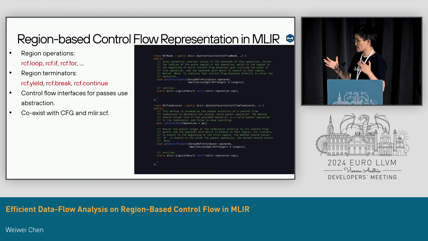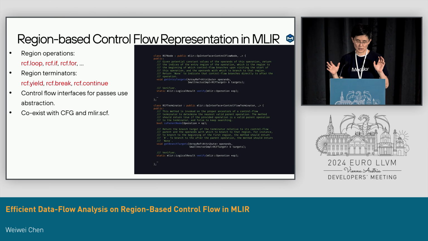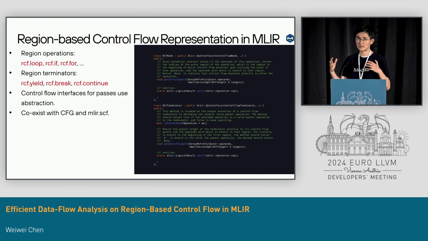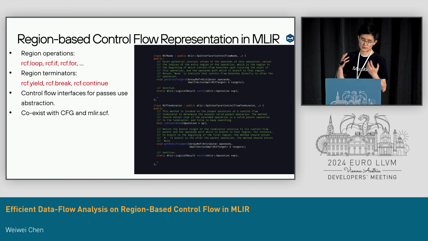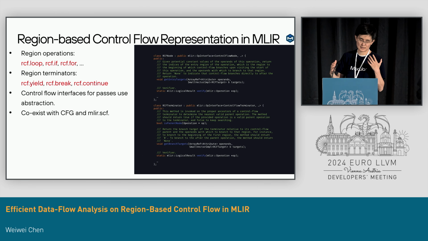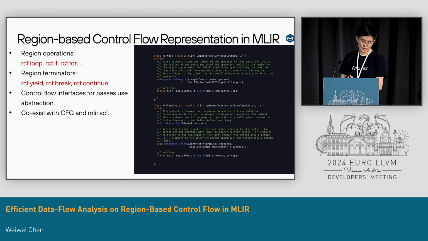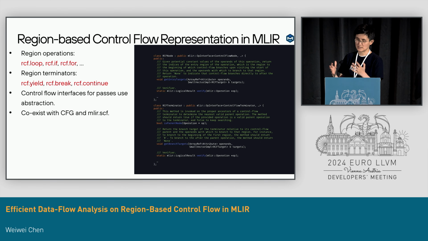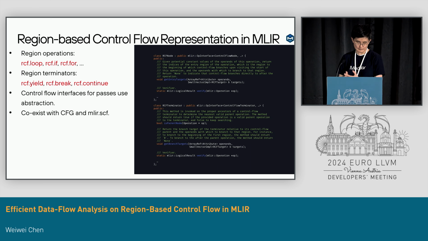So what we're trying to propose here is not a dialect. It's more like a type of operations. Think of interfaces of the operations to capture control flow. By implementing these interfaces, we can have region control operations to represent loop, if, or for. We can have region terminators like yield, break, and continue.